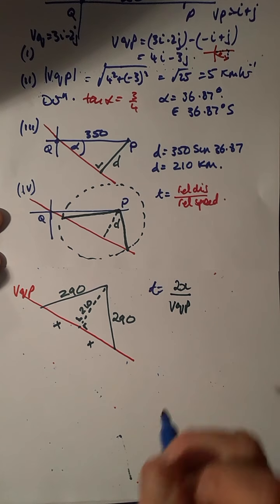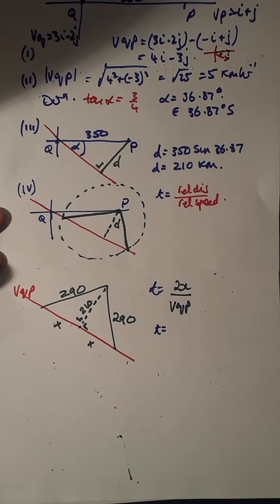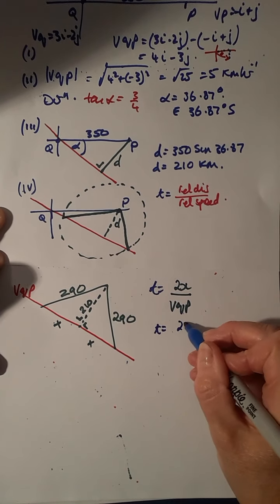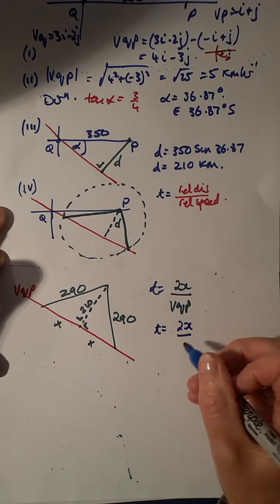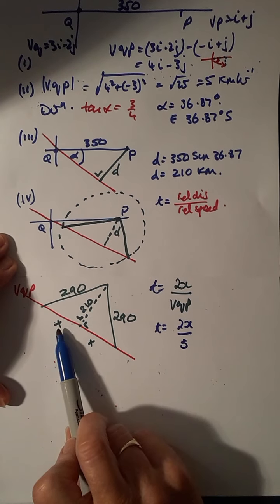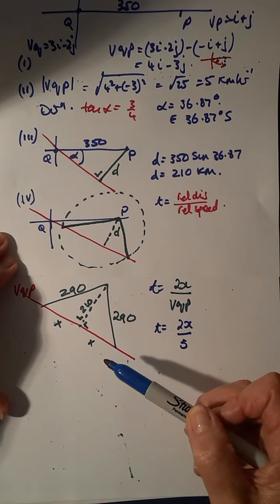So the length of time for which they can communicate with each other will be 2x over VQP. I found that already, it was 5 from the first part. So my job is to find x, and of course using Pythagoras I can find x pretty easily.